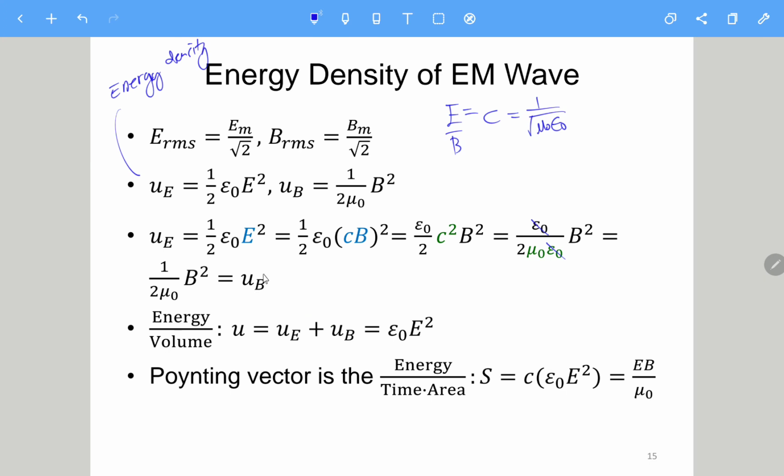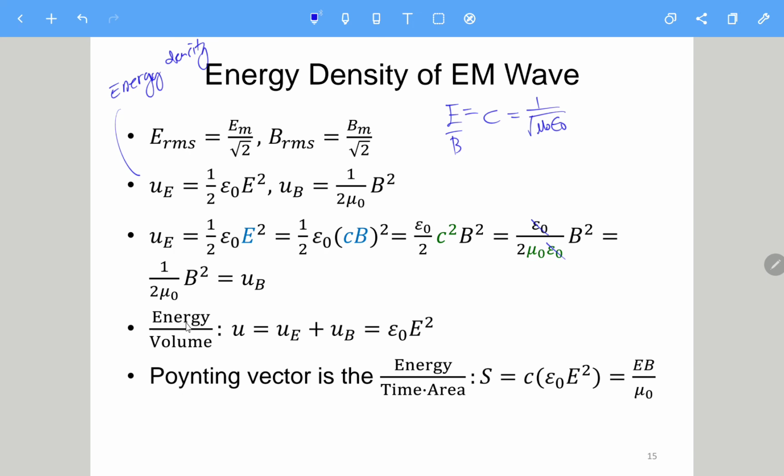u_B. Which means that in the EM wave, the energy density stored in the E field is the same as the energy density stored in the B field. And the total energy will be the sum of it.